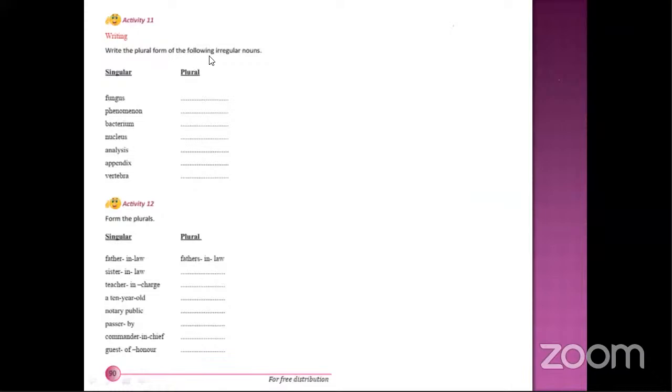Now look at activity 11 in your textbook. Write the plural form of the following irregular nouns. First one, fungus. What do you mean by fungus? This is the singular noun, so you have to write the plural. Phenomenon.